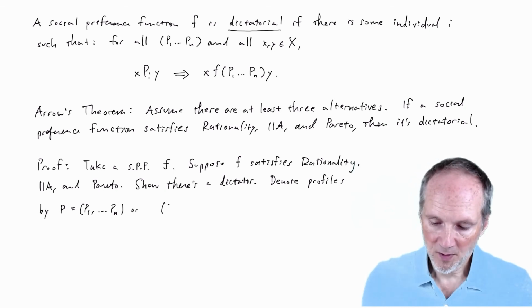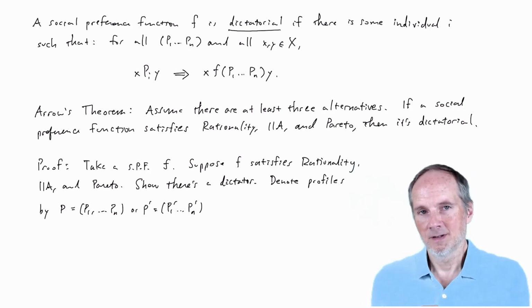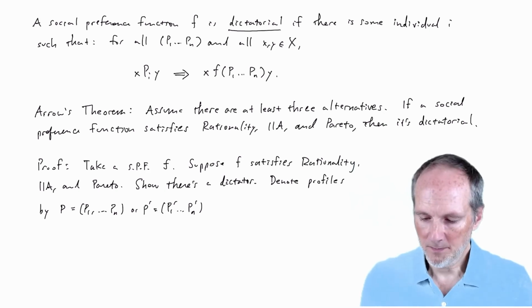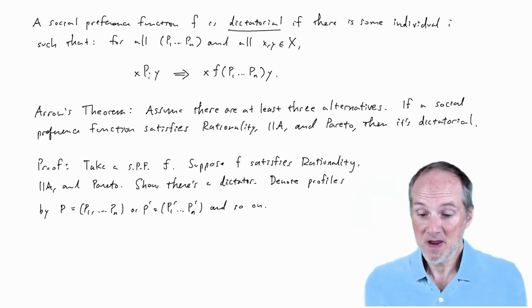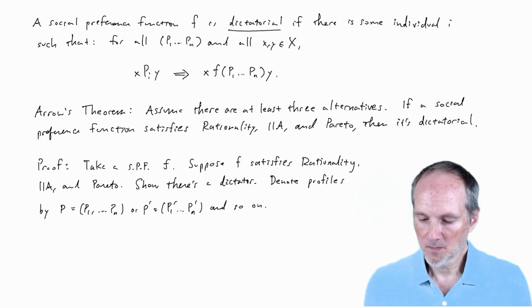Or if I have a different profile, I might put primes on it, P prime, I might have double primes. But I'll just use one P to denote a whole profile.